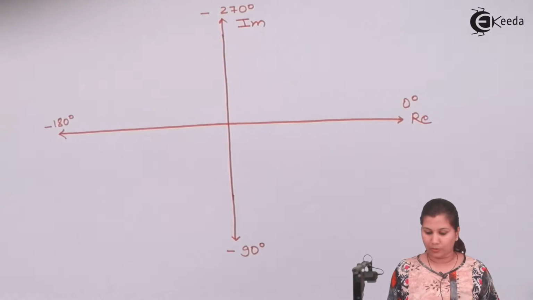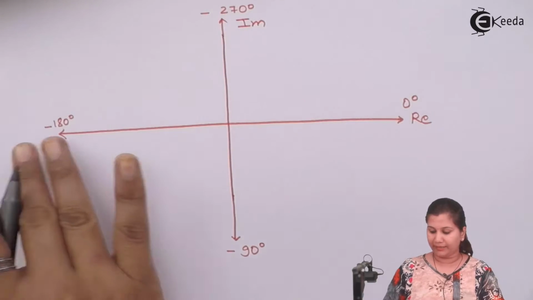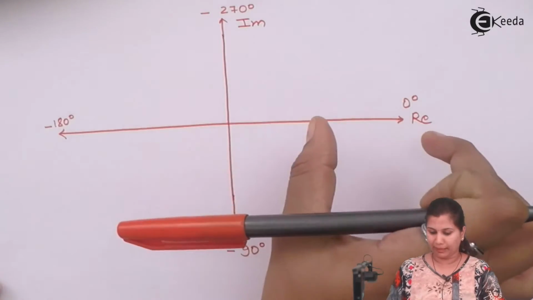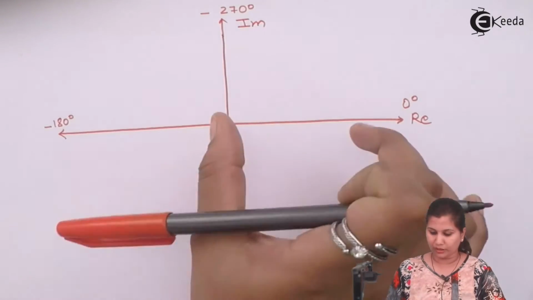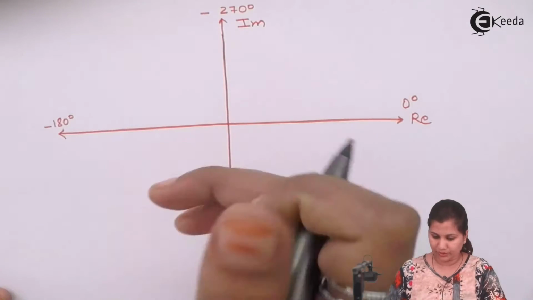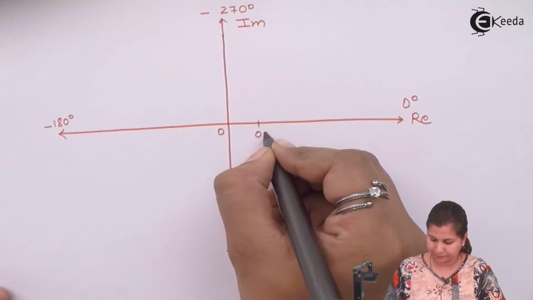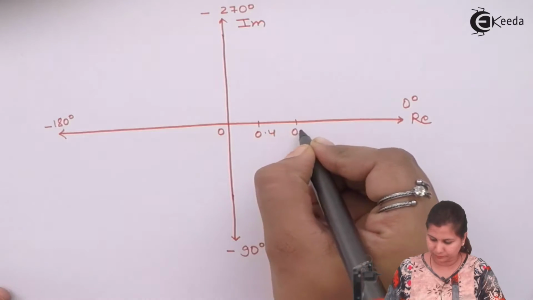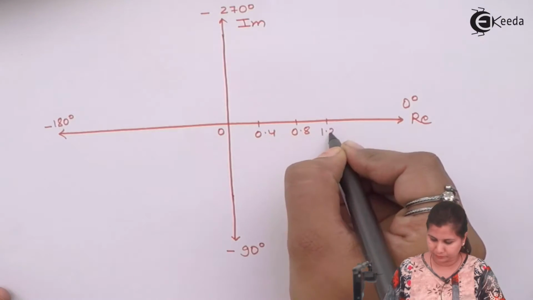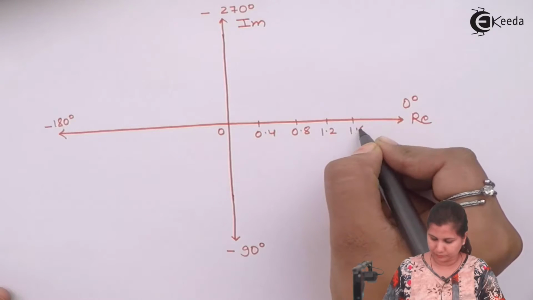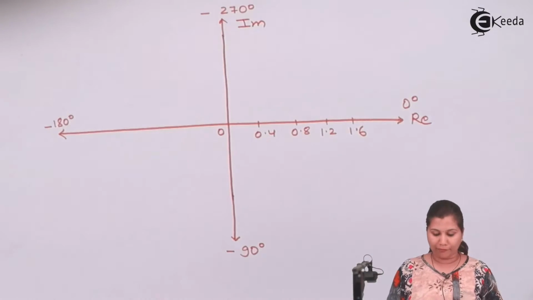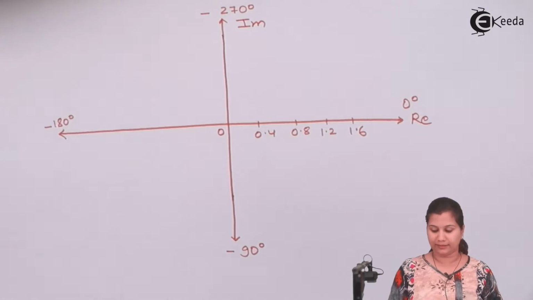Okay, now we will divide the magnitude. Here we have positive magnitude values, so this is 0. Now first we will draw the phase angle terms.